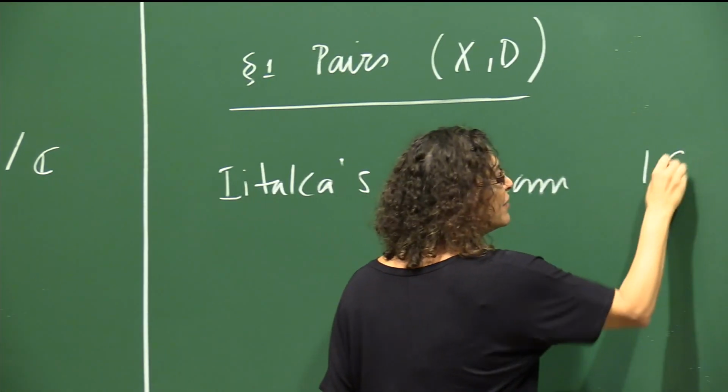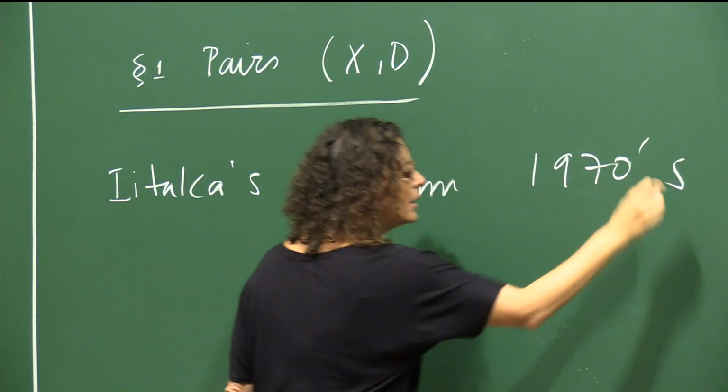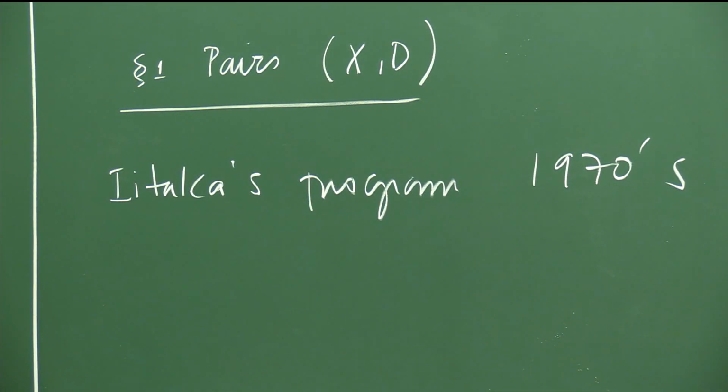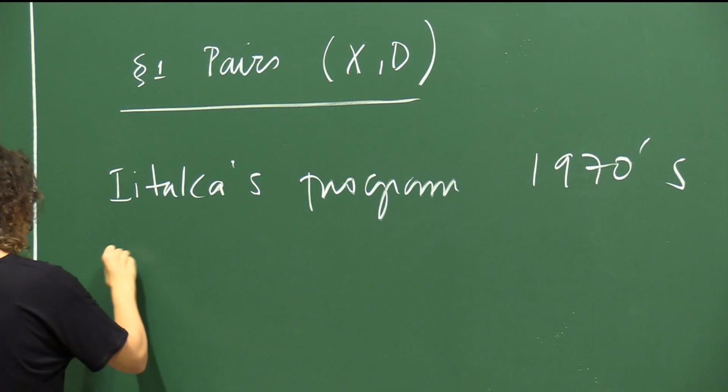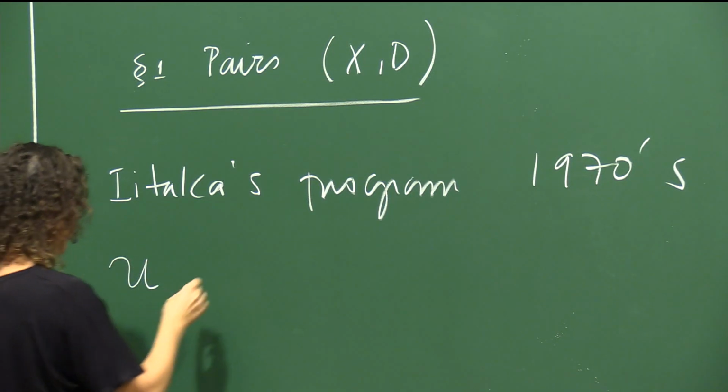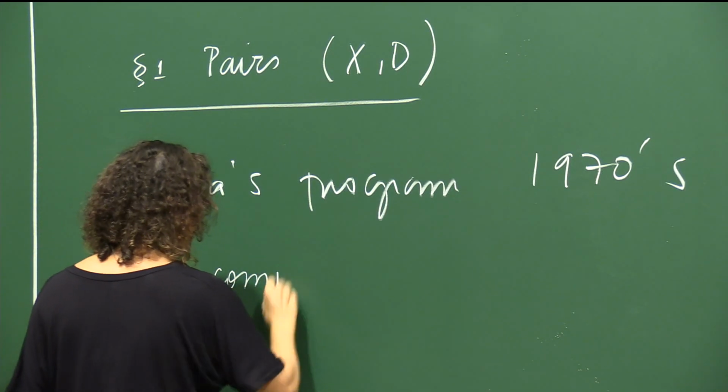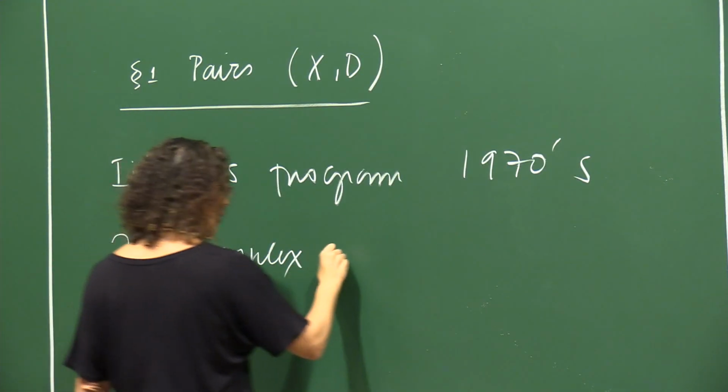from the 70s, which had the aim to study the birational geometry of open algebraic varieties. So the idea is that you start with, say, U, a possibly open, complex algebraic variety.